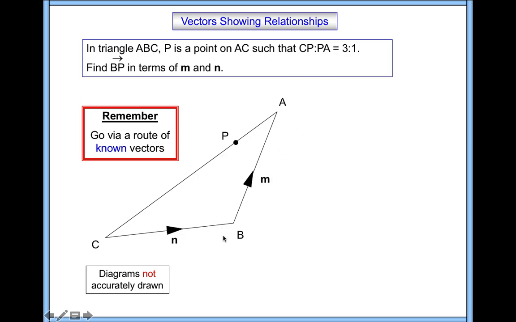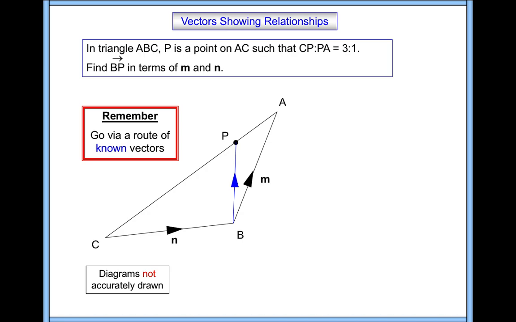Now we will find vector BP in terms of M and N. Now I will draw the line, students. I have drawn with blue arrow showing vector BP. I have joined B to P. Now we will find out vector BP.